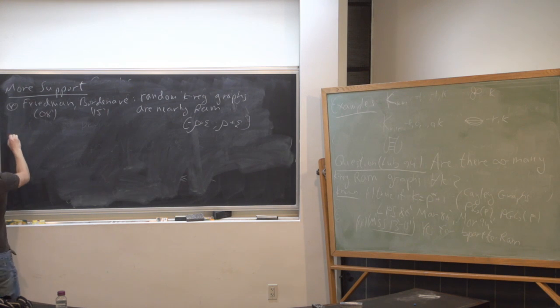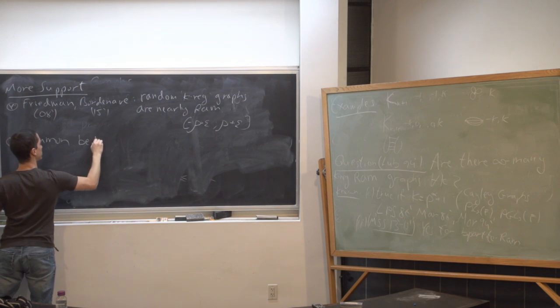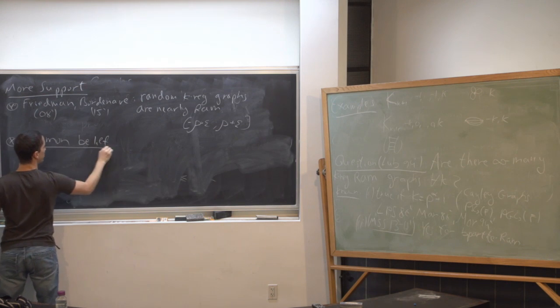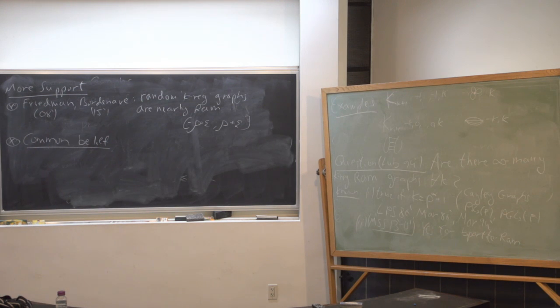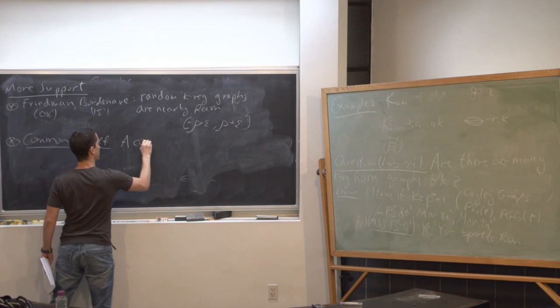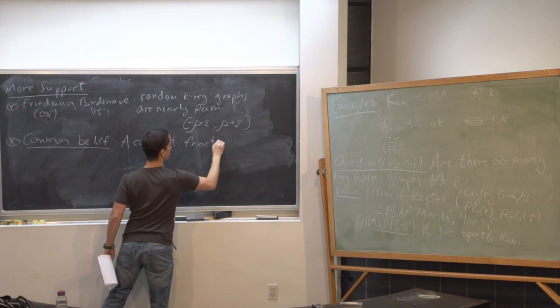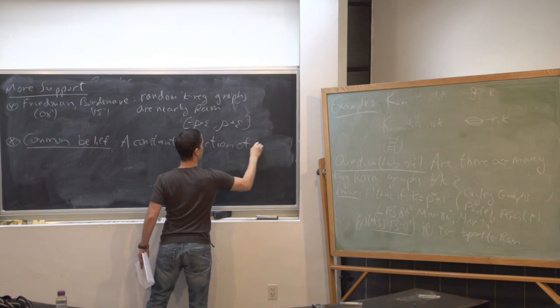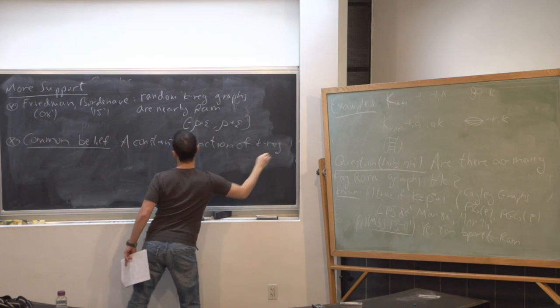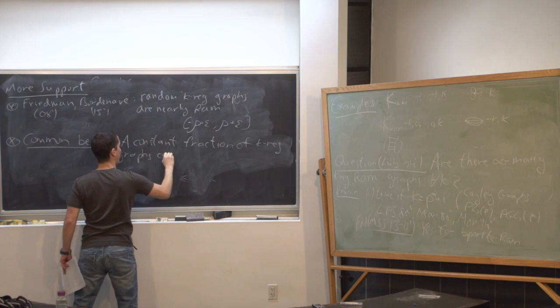The second thing is that the common belief, based on some simulation and analysis of the simulations, is that a constant fraction of, say, k-regular graphs are Ramanujan.